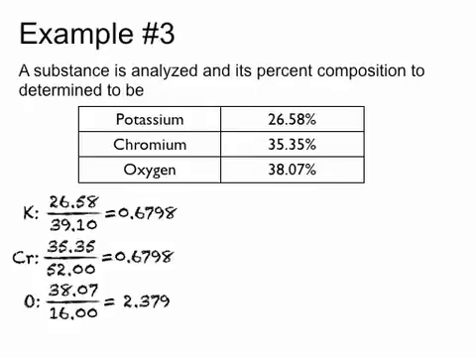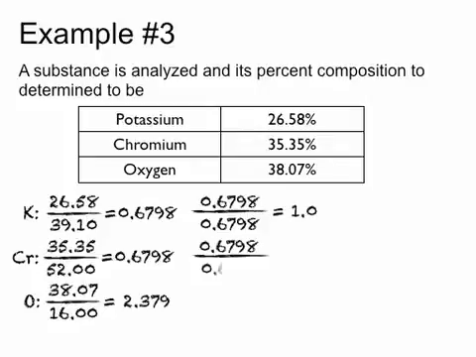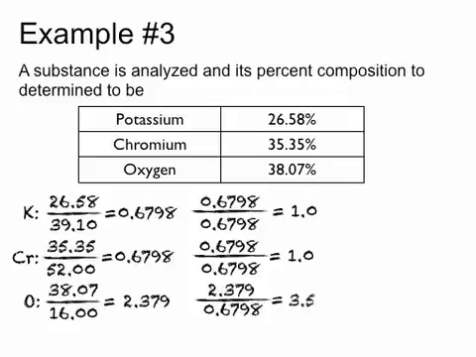Well, it looks like 0.6798 is going to be our smallest number, so let's divide each of our results by that factor. 0.6798 over itself is equal to 1.0. 0.6798 over itself is equal to 1.0. And 2.379 over 0.6798 is equal to 3.5.